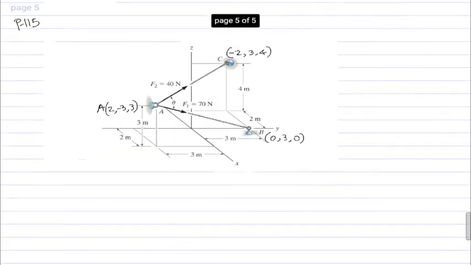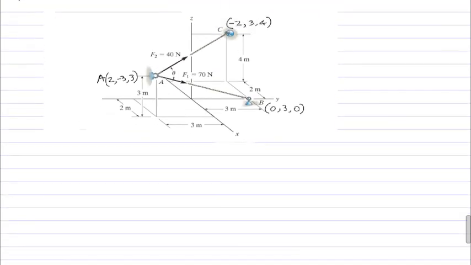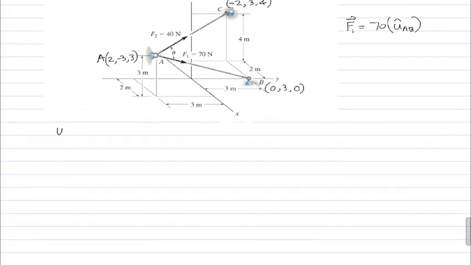The first step, obviously, is to denote F1 as a Cartesian vector, which is nothing but the magnitude 70 multiplied by the unit vector in the direction of AB. To find the unit vector in the direction of AB, you find the position vector AB and divide it by its magnitude.